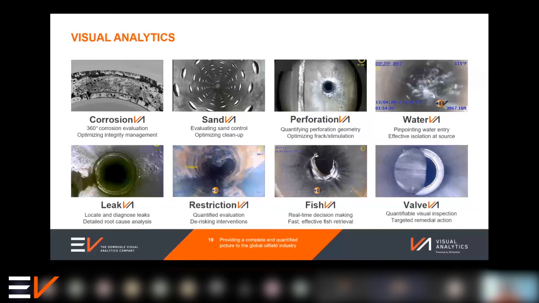Your question is, what is the recommended approach for retrieval of a surface-controlled sub-surface safety valve dropped close to the XN nipple at around 6,500 feet in a vertical well? It's possibly biased, my recommendation, but that would certainly be to help you understand how that fish is located, where it's located, is it stuck, is it free, which goes back to some of the slides that Tobben mentioned.